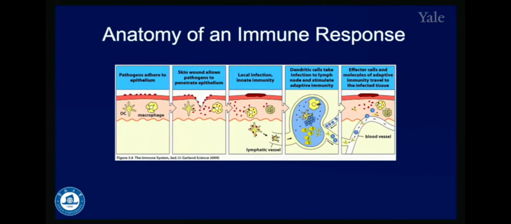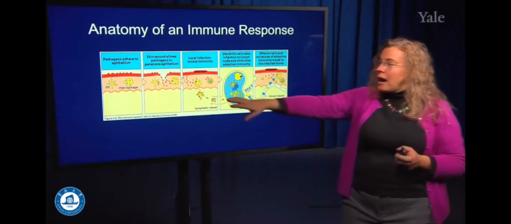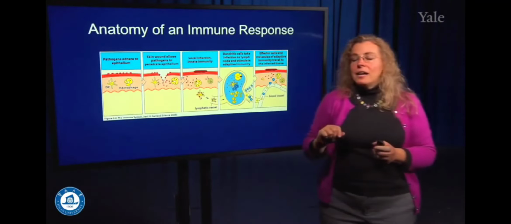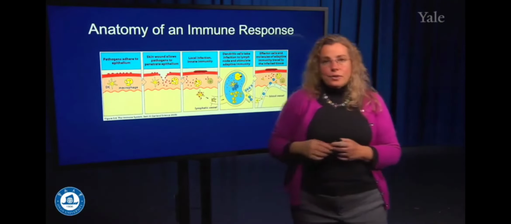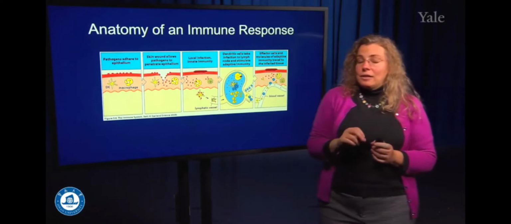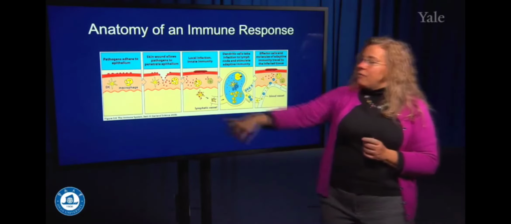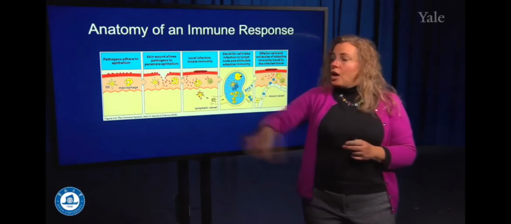So this is the anatomy of an immune response all in one slide. And we're going to spend the next 28 lectures breaking this down. But overall, you can see that you've got an intact barrier over here. You've got some bacteria on the surface. Pathogenic bacteria, not commensals. If you have a break in that barrier, those bacteria get in.